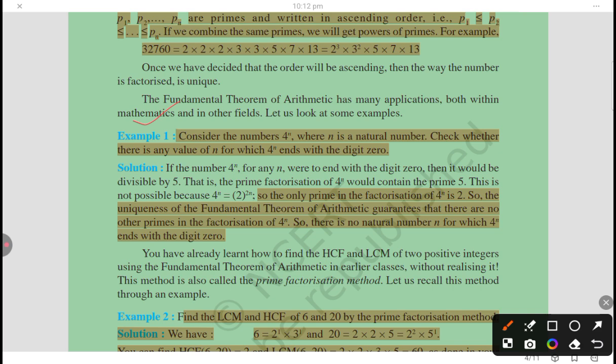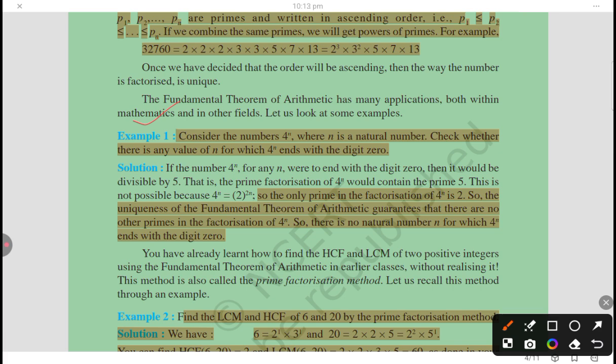Check whether there is any value of n for which 4 power n ends with the digit 0. Did you understand what the question is? They are asking at what value of n does 4 power n end with the digit 0.